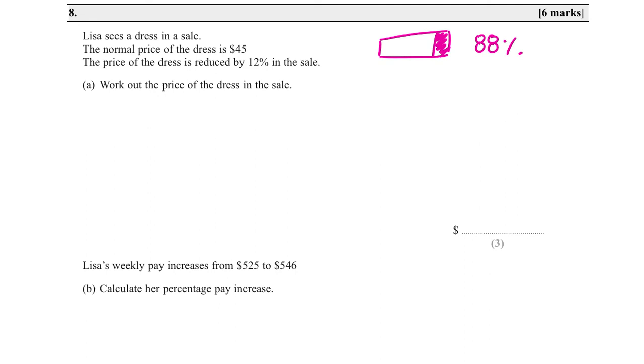So 88% as a multiplier is 0.88, because we put it into decimal form. So 45 times 0.88 gives us how much the dress was in the sale: £39.6, which is the same as £39.60.